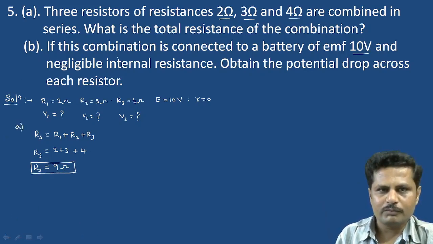Now for B, if the combination is connected to a battery of 10 volt and negligible internal resistance, obtain the potential drop. If you want to find out the potential drop, first we need to find out the current flowing through the circuit. So the current is given by I equals E, the EMF of the battery or cell, divided by external resistance plus internal resistance.